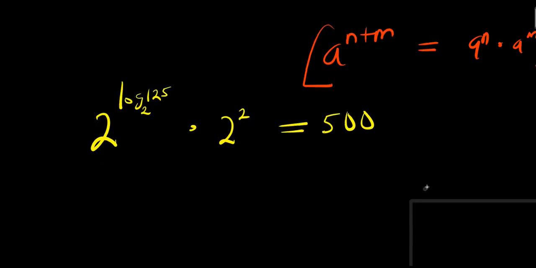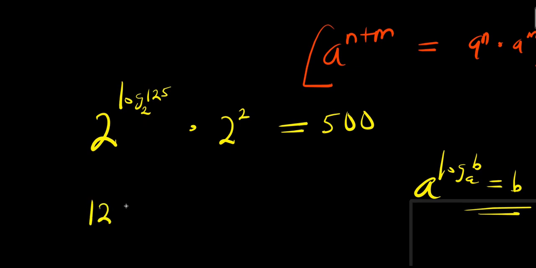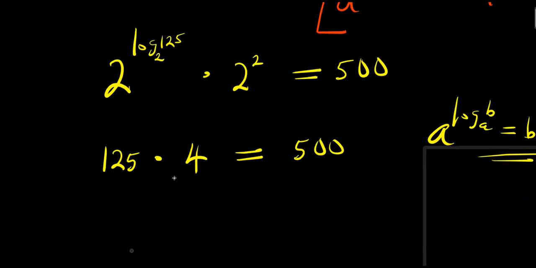Now, if you have a power log b to the base of a, this equals b. So 2 power log 125 to the base of 2 will give you 125, times 2 power 2, that is 4, equals 500. Now 125 times 4 is 500, and this equals 500.